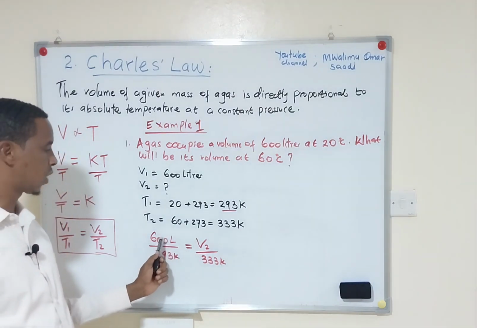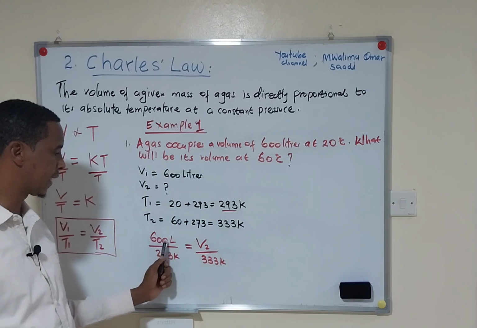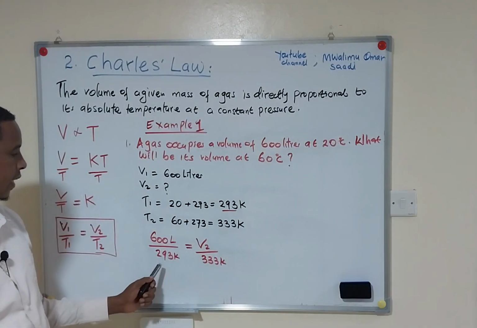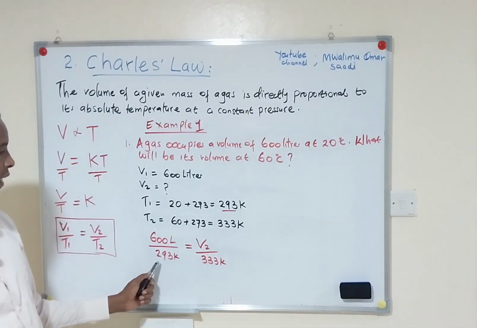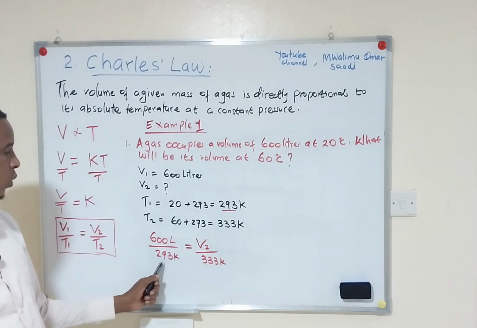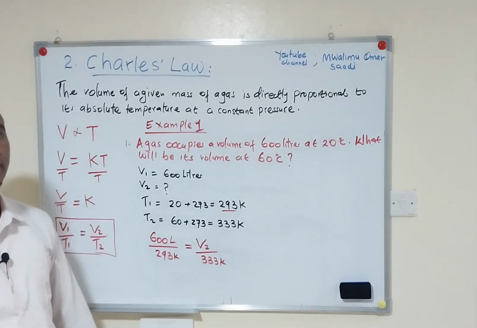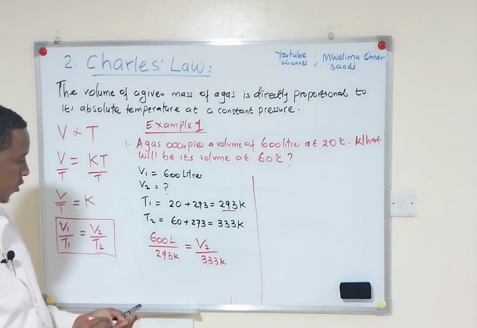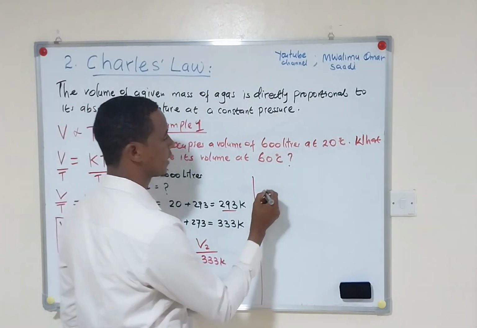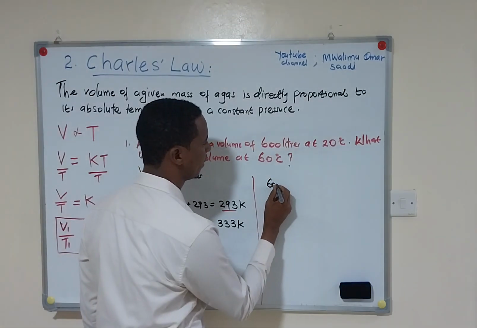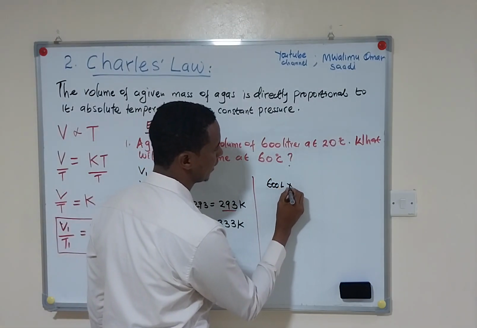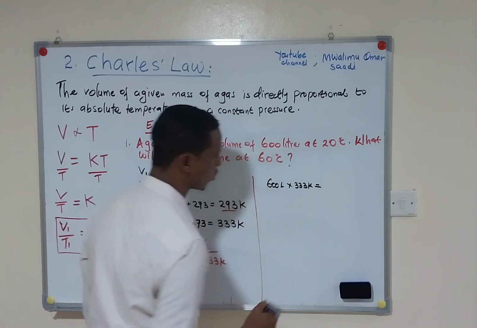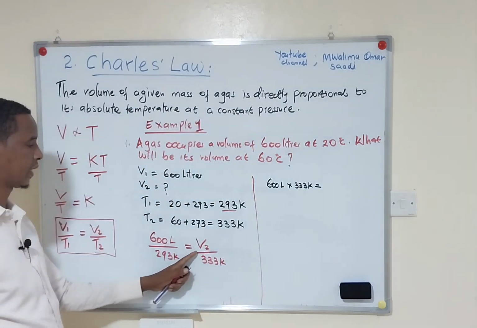So we cross multiply: 600 liters times 333 Kelvin will be equal to 293 K times V2.